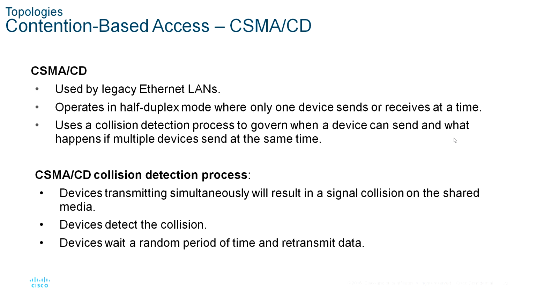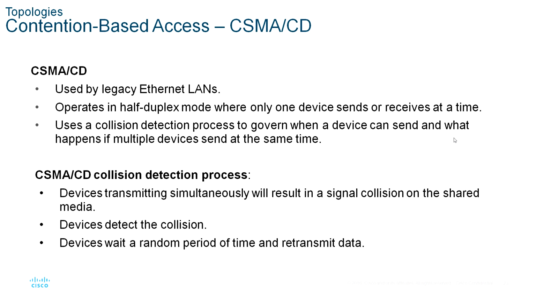If two devices transmit at the same time, a collision will occur. For legacy Ethernet LANs, both devices will detect the collision on the network.